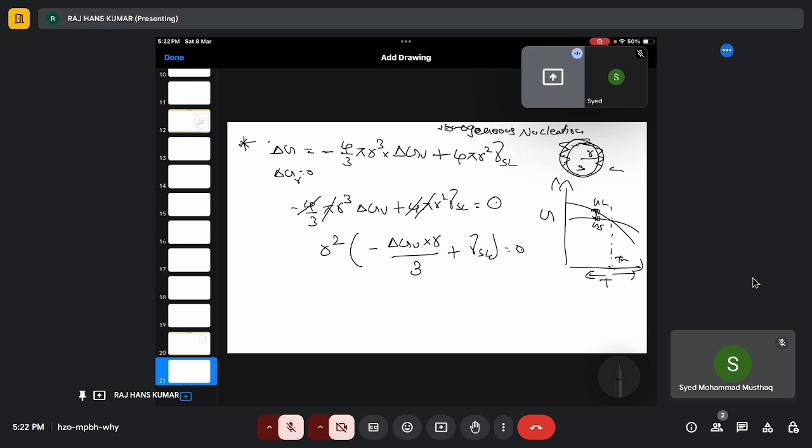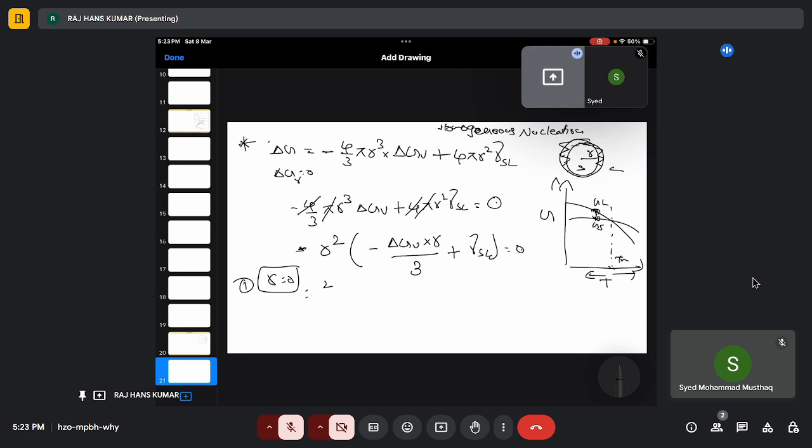Right. So now, R can be equal to 0. If R equals 0, this whole term becomes 0 because there is no transformation, so there is no formation of any free energy. So we can take out that case.